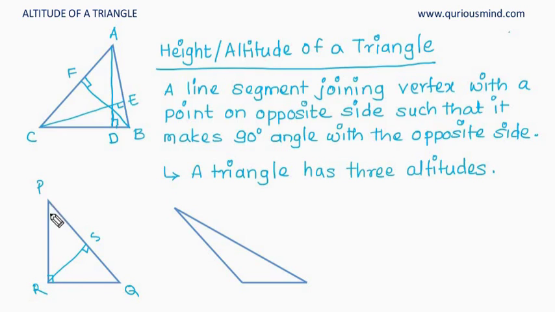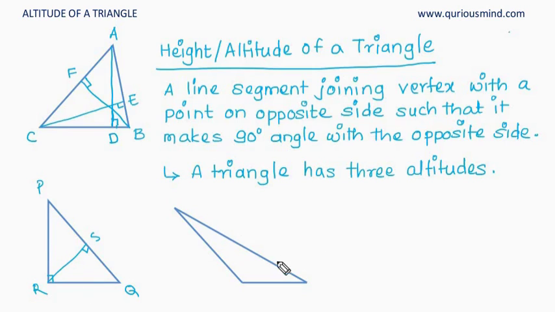So PR itself is one altitude. Similarly, if we consider RP as the base, then QR is making a 90-degree angle. So QR itself is an altitude. So in case of a right triangle, we see there are two altitudes which are on the triangle. They are not interior. They are on the triangle.